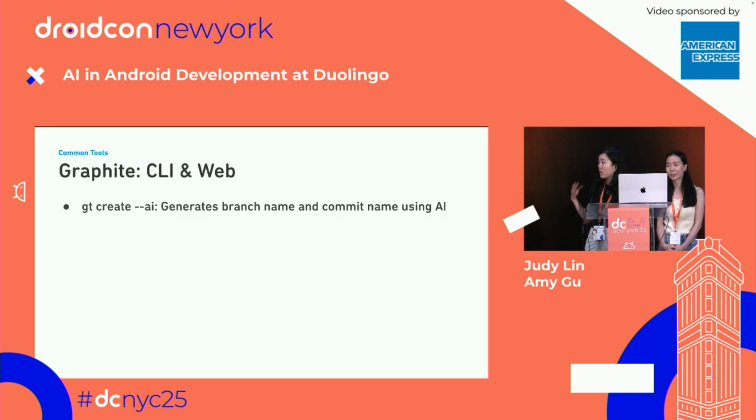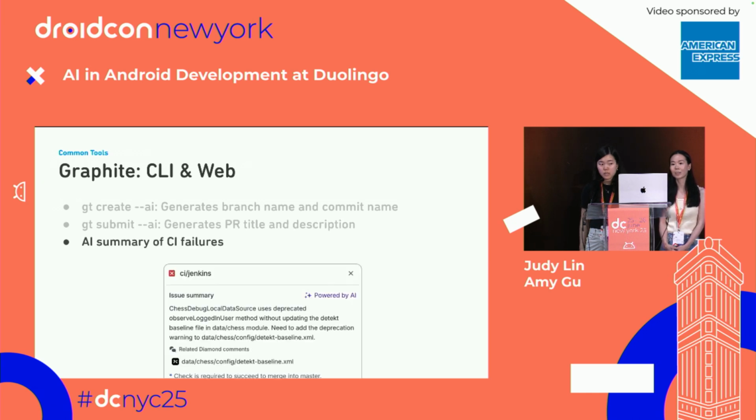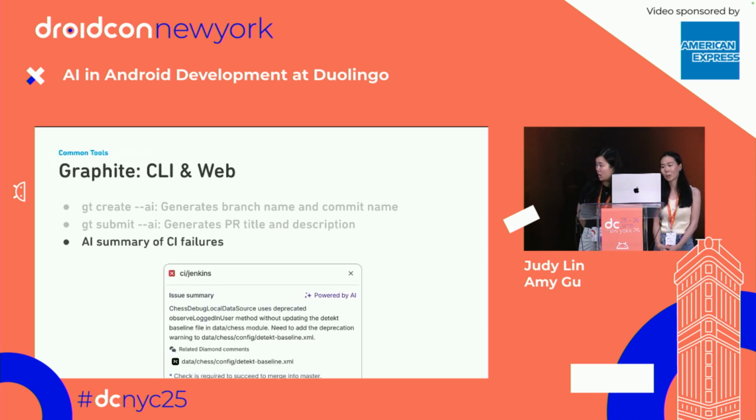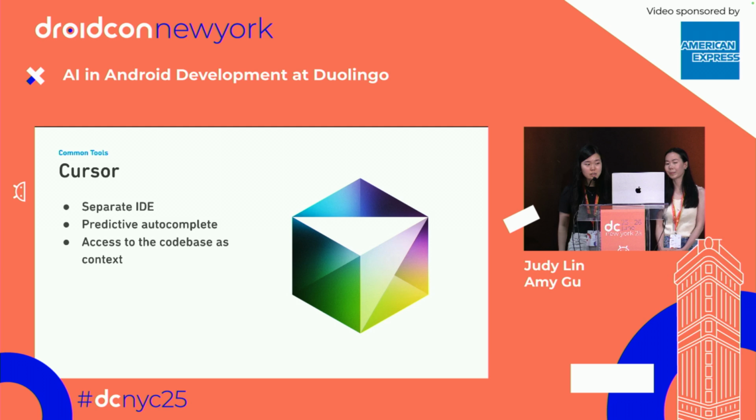Graphite has also other helpful AI features, such as it can generate the branch name and commit for you, or the PR title and description. It also can summarize why your PR is failing CI and even suggest a fix. A feature that's coming soon is to break up large PRs into smaller stacks of PRs automatically using AI.